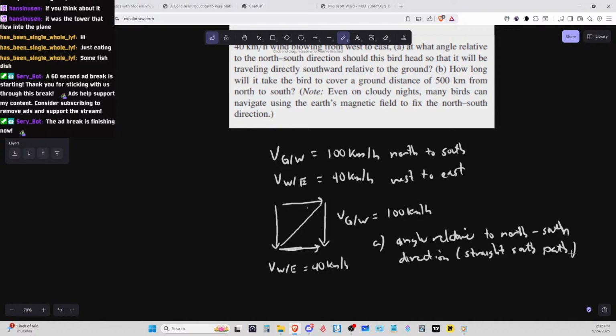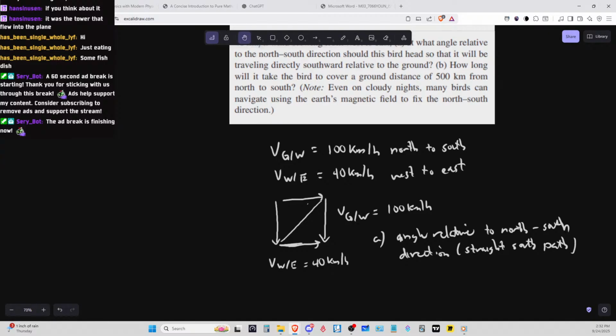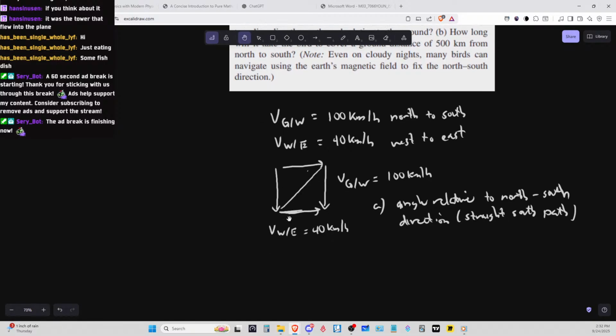Okay, so I think when we think about this, the wind is blowing this way and the geese are going southern, so it's going east. So we want the geese to actually have a west component, going west, so it cancels out this.